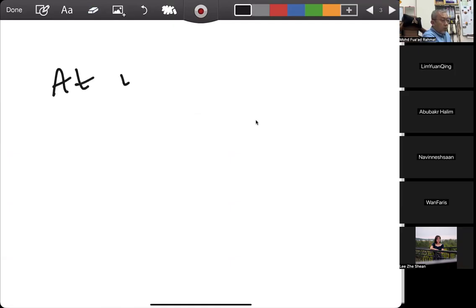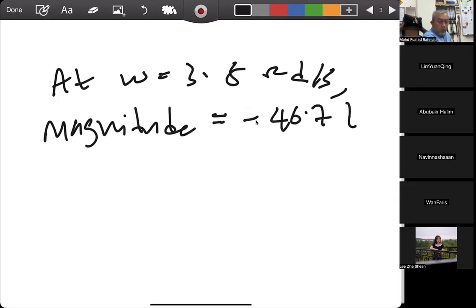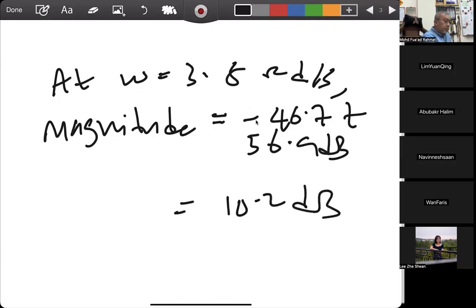At omega 3.8 radian per second, the magnitude will be minus 46.7 decibel plus 56.9 decibel, which is equal to 10.2 decibel. Okay.